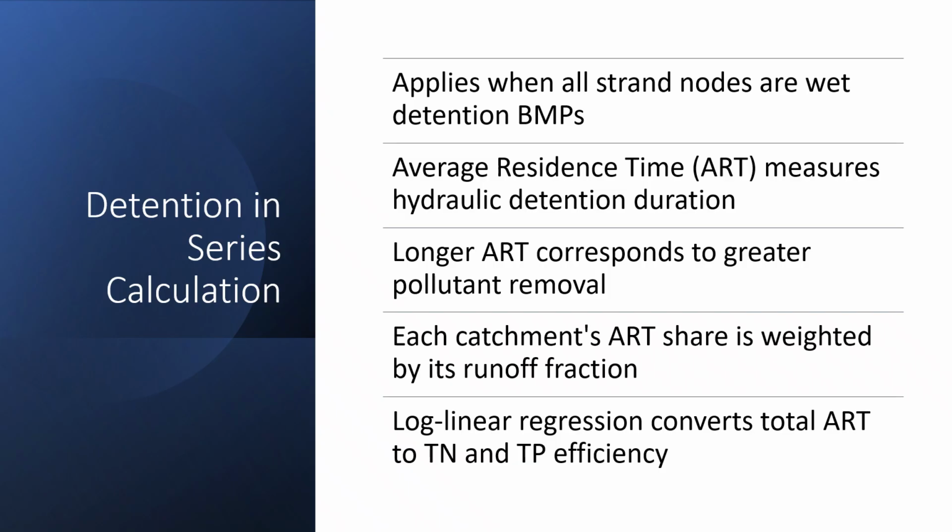Once the total ART is established, log linear regression equations translate that value into removal efficiencies for total nitrogen and total phosphorus. Those efficiency values feed directly into the per-node mass balance calculations, allowing the model to determine how much of each pollutant is removed as water moves through the series of detention basins. This approach captures the compounding treatment benefit that occurs when water passes through multiple wet detention structures in sequence.